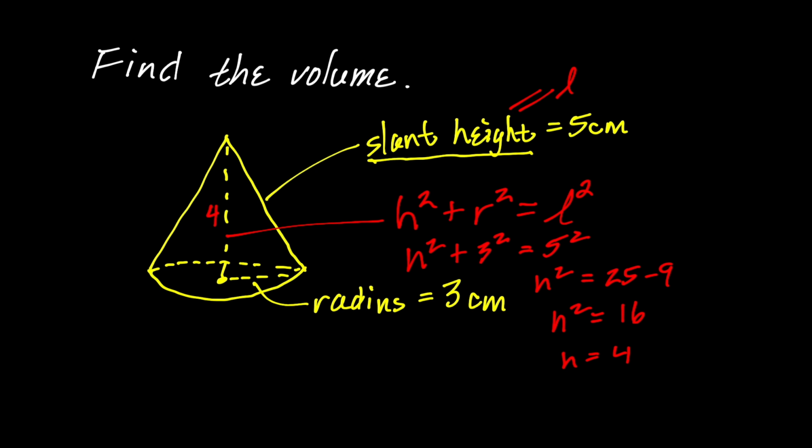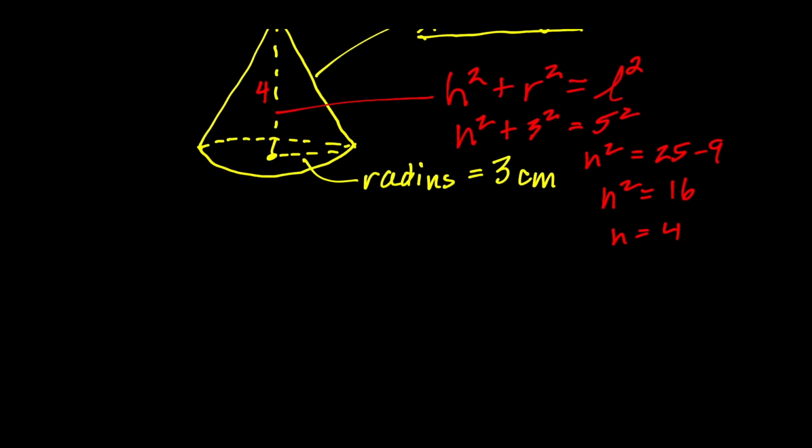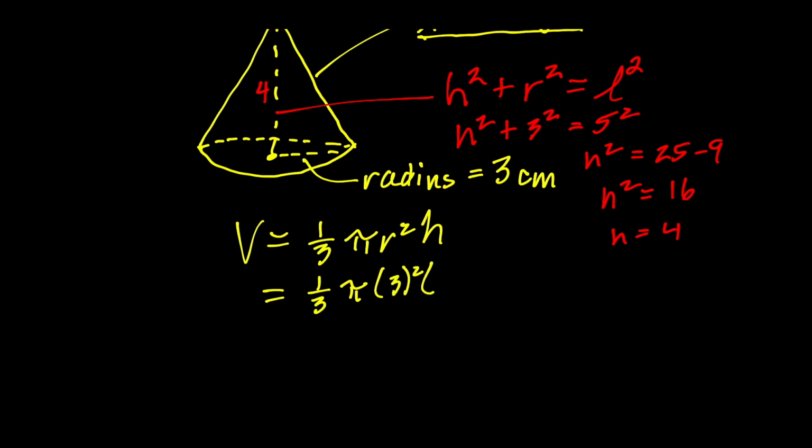Now that I know the height, I can figure out the volume of this cone. Remember, the volume is 1/3 times the area of the base, which is pi r squared because it's a circle, times the height. So 1/3 pi, the radius was given as 3, the height we figured out was 4. So 1/3 pi times 9 times 4.